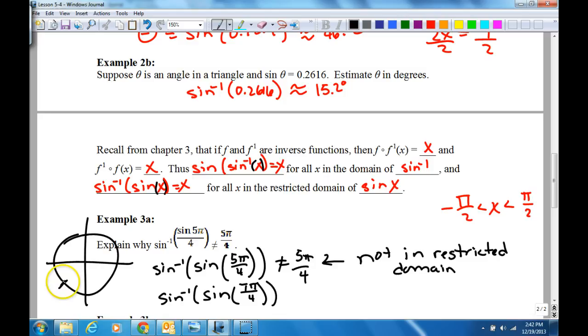So the other one that would give me an equivalent sine would be the one over here, because this value right here would be a negative sine. The sine right here, if you look at your unit circle, is negative square root of 2 over 2, right? If you look at the sine over here, it's still negative square root of 2 over 2. They're the same value, because you're looking at the distance from here to here and the distance from here to here. They're the same.